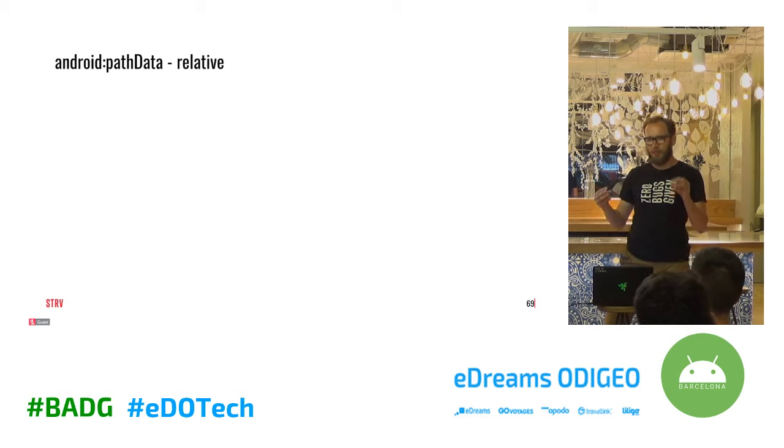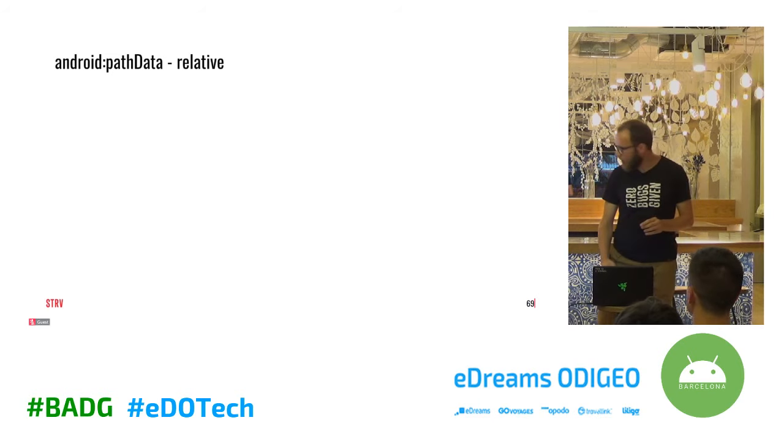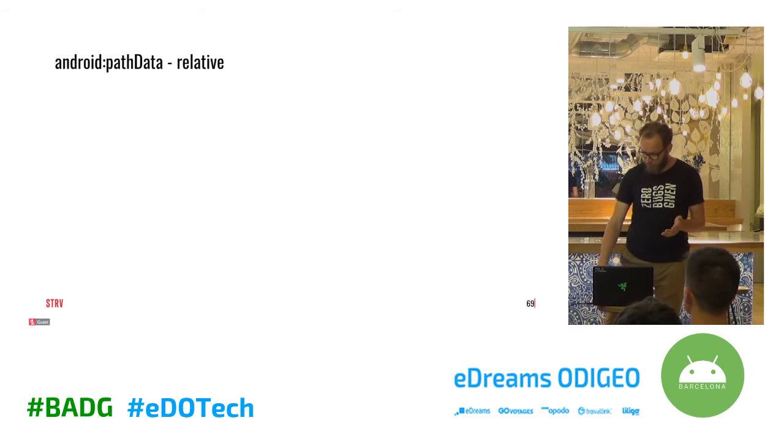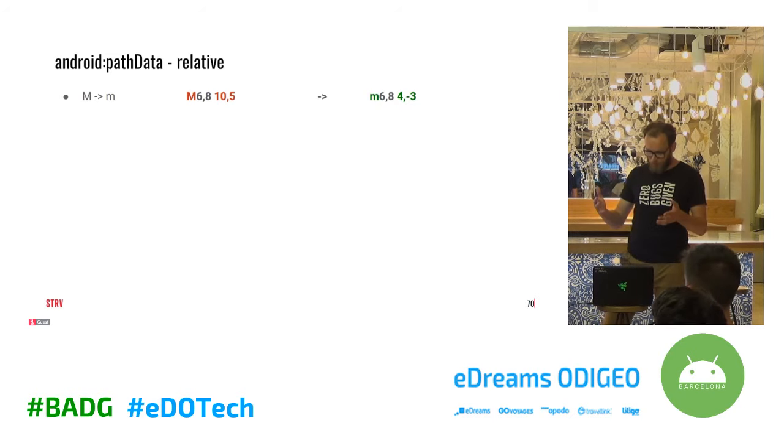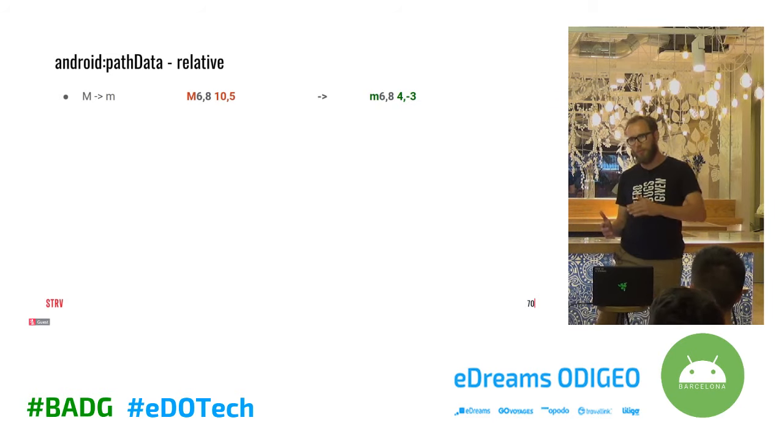And this moves from one point by this much along the x-axis and this much along the y-axis. So it's not to a relative point. Here are a couple of quick examples of how it works. For example, for an M, if you want to have the same result, you would move from 6,8 to 10,5 by moving actually by 4 along the x-axis and by -3 along the y-axis.